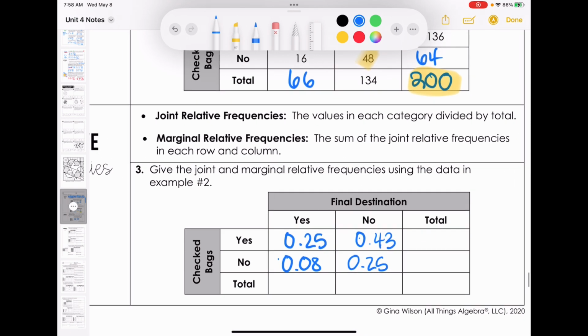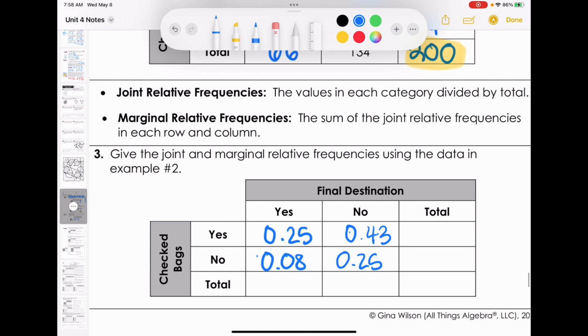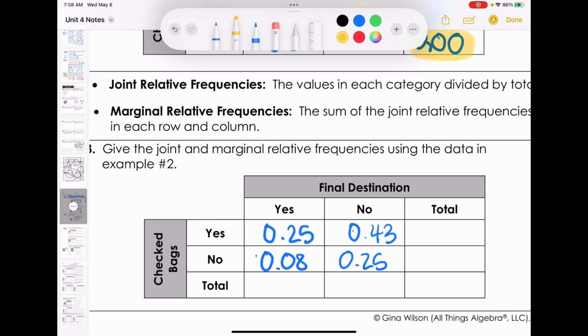Now for the marginal frequencies, we're doing like we were doing before, and we're just going to add our rows and columns together. So for our first column, the yes column, I'm going to do 0.25 plus 0.08, and that gives me 0.33. For the no column, I'm going to do 0.43 plus 0.24, that gives me 0.67.